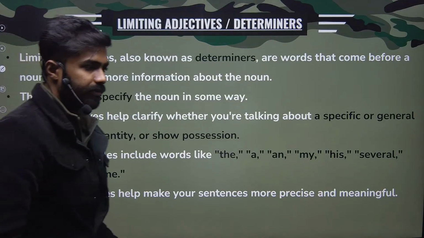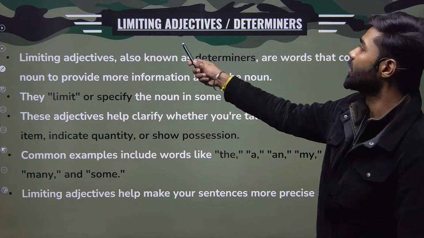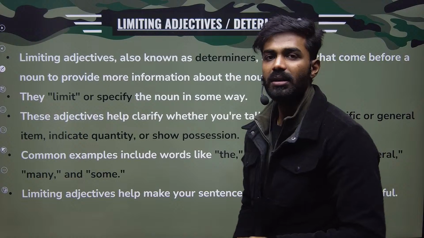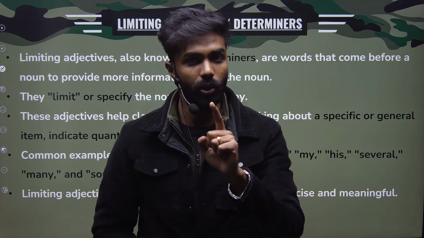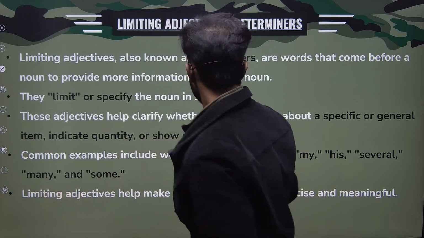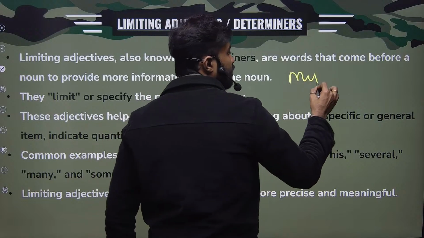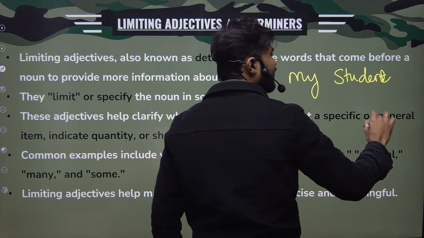Now, okay. What are limiting adjectives and determiners? Now we'll be talking about limiting adjectives or determiners. So you have to pay a little attention over here, or else you will mess up. I told you in the beginning of the session, for example, my students, or simply my student.